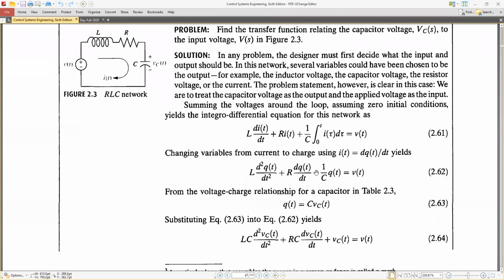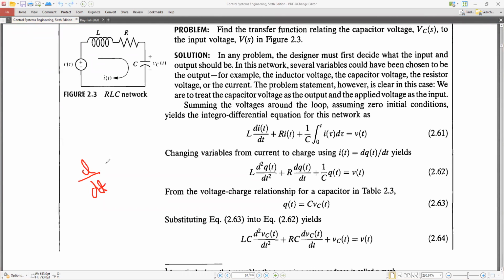Now what have they changed? Changing variables from current to charge. We know that current is equal to dq(t)/dt, charge per unit time.